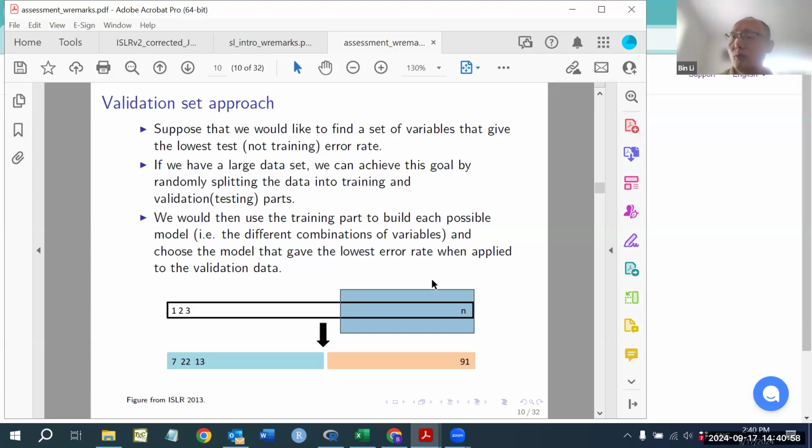Especially for the validation set and test set, what's the difference? There's some subtle difference. The validation set is usually used to help us select models. And the test set is the final evaluation of the finally selected model. So we use cross-validation or the validation set approach here to help us select the optimal model.